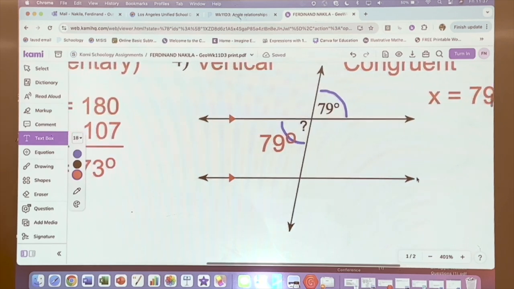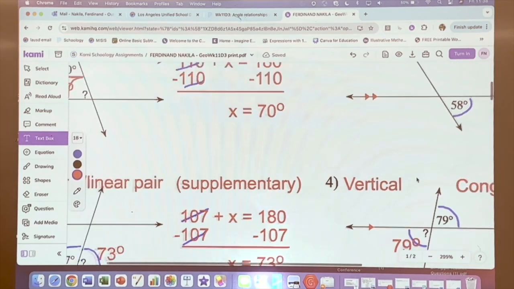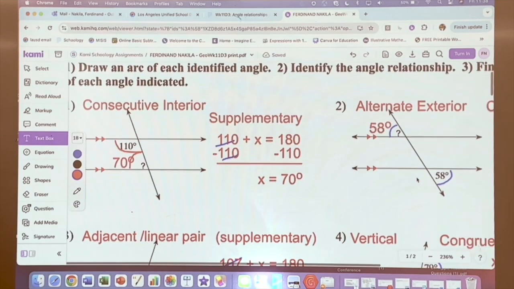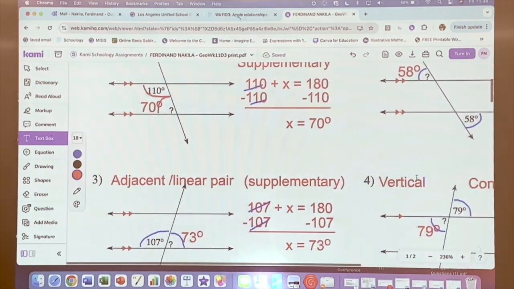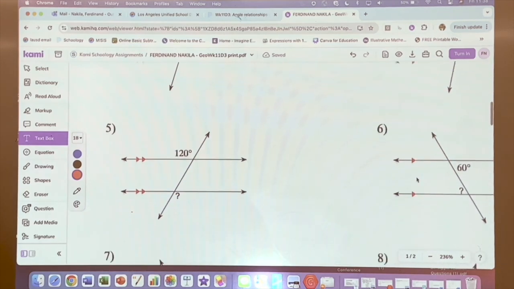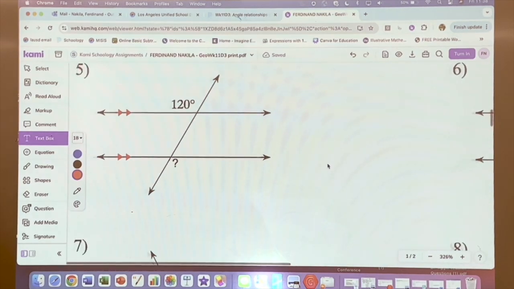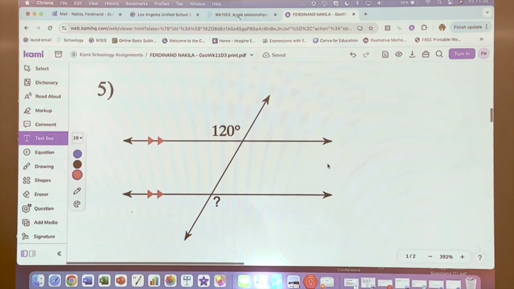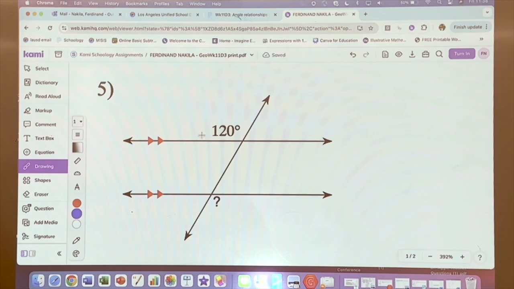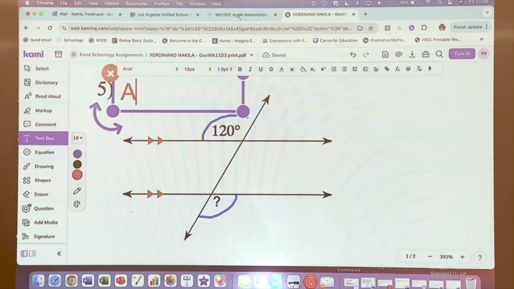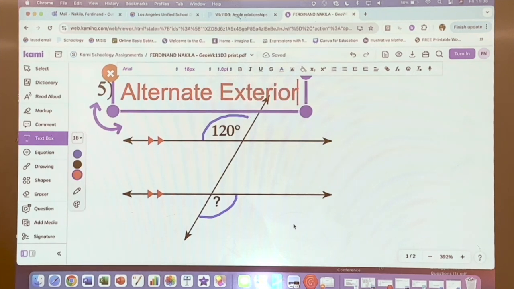Yeah, okay. So we have examples of consecutive interior, alternate exterior, vertical, adjacent. Let's take a look at this. Number 5. 120 and this. That is vertical. No, not vertical. What is it? Alternate exterior. That's correct.